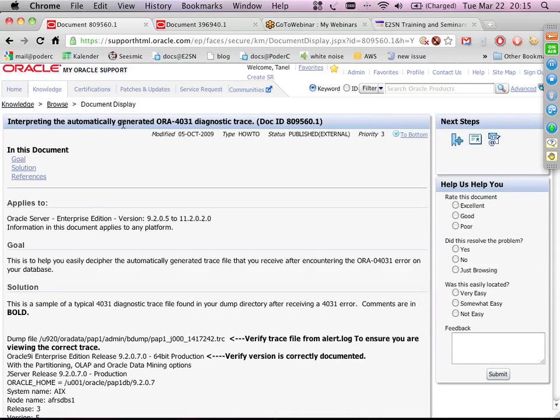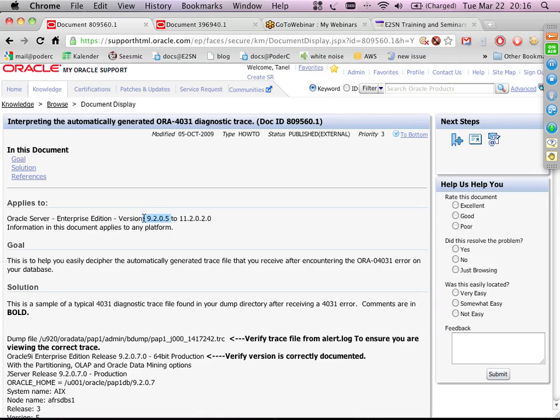I hope you see the screen. In Metalink, there is actually a note which walks you through how to read this automatically generated ORA-4031 dump. Apparently, it's available since 9.2.0.5, which is nice.